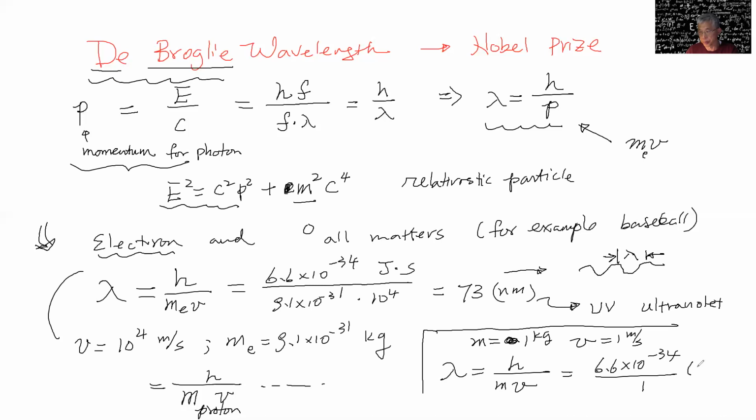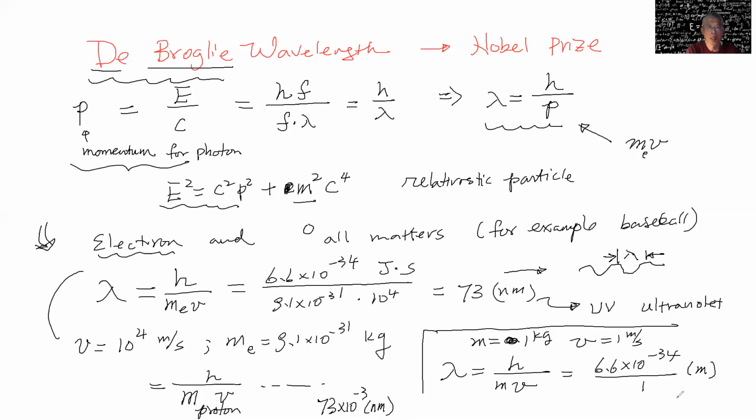That's your wavelength in meters. So that's very, very small. And a proton would have a wavelength smaller than the electron's, about 1,000 times smaller, so something like 73 times 10 to the negative 3 nanometers, which is in picometers. You can see for a ball, an object, it's very small, negative 34 meters.